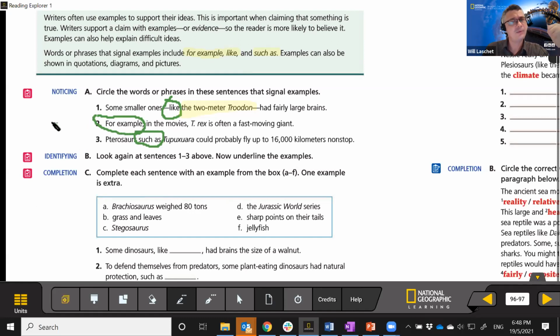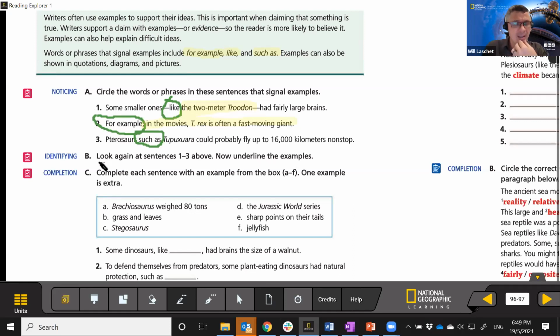Remember, the main point is T-Rex is portrayed as a powerful predator. Well, maybe we could say T-Rex, but that's giving us the example, not really explaining it. So I think if we underline all of this, in the movies, T-Rex is often a fast-moving giant, that's giving a fuller piece of evidence to support that main argument.